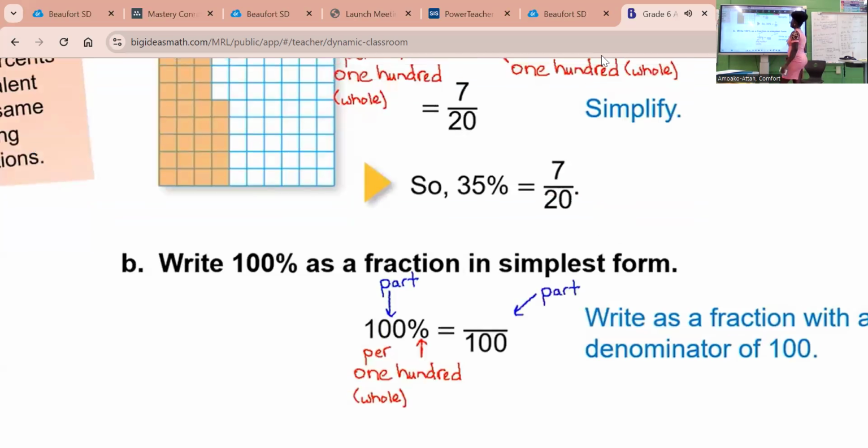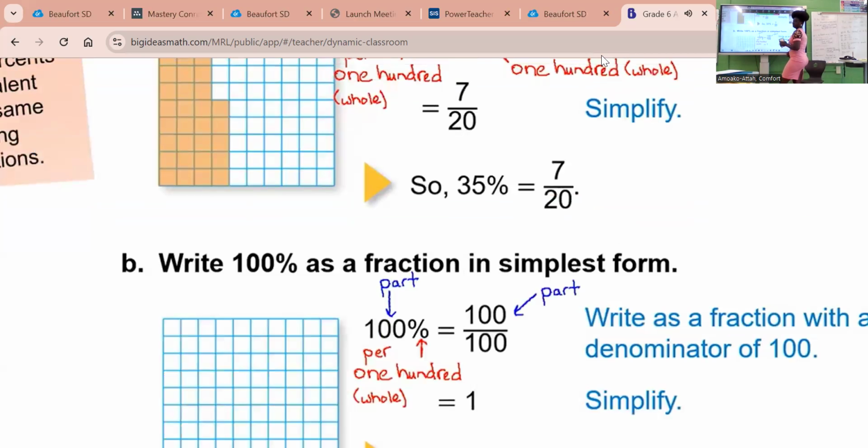Okay, let's continue. Let's just see the model. 100% means you should see everything.